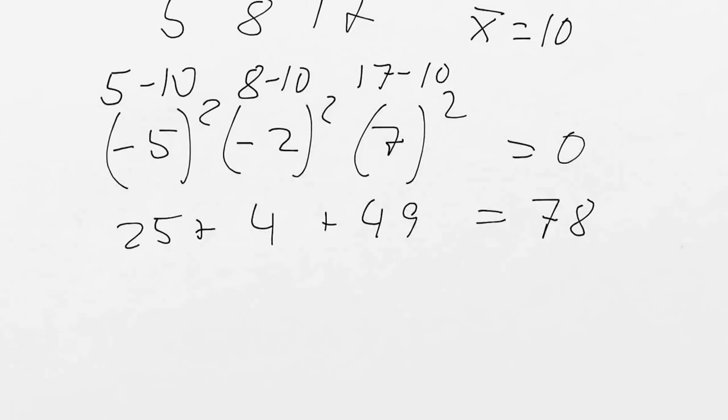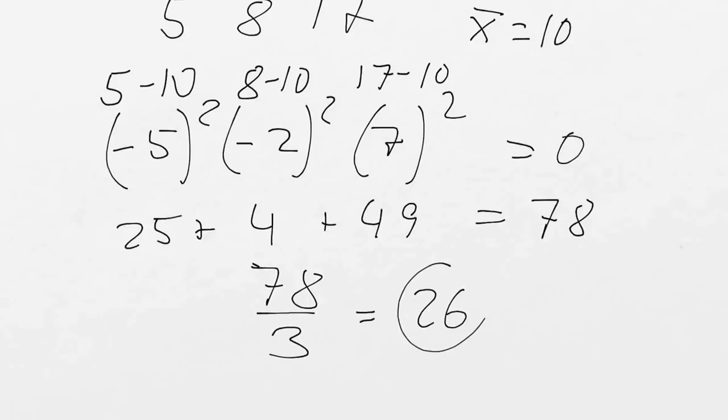But what we can do is divide this 78 by the number of data points that we have. So we can divide 78 by 3, and that gives us 26.